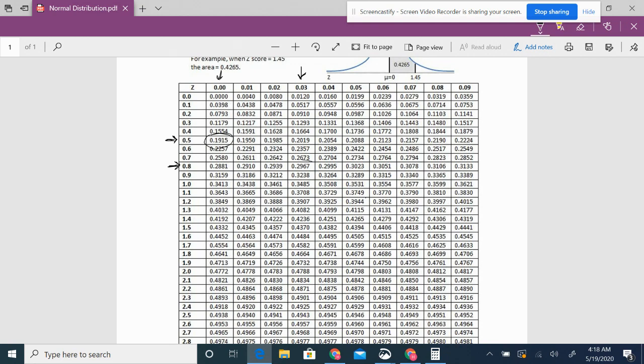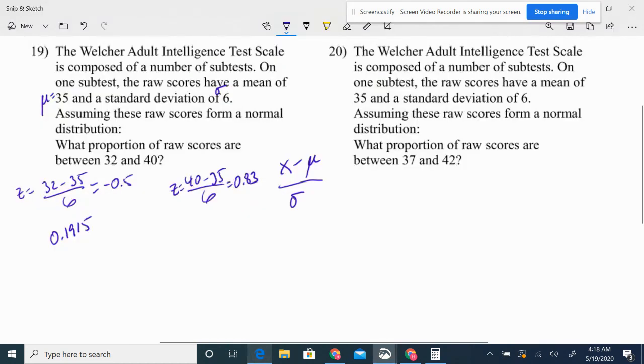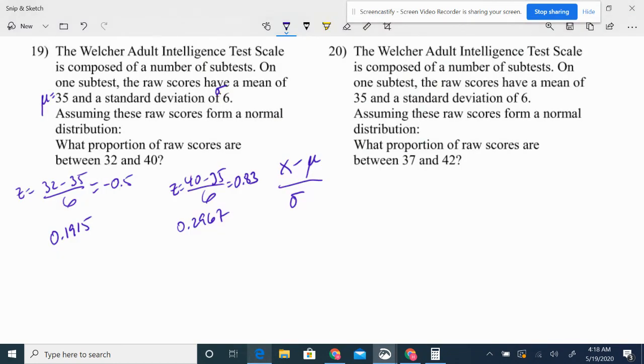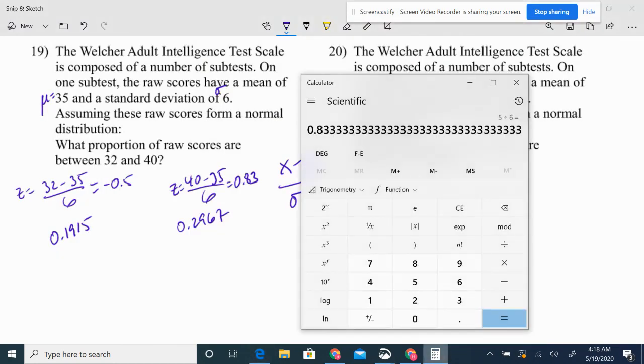So 0.83 is 0.2967. Again, I get that from this table. So what proportion of the raw scores are going to be between those two values?